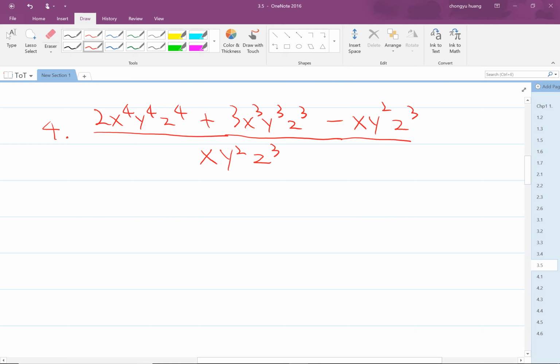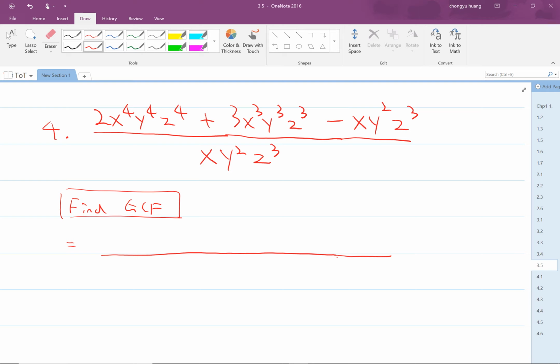You always want to find the GCF, the greatest common factor, first. Now I will show you guys how to actually find it. On the top we have the numerator, and we are trying to find the greatest common factor for the numerator.